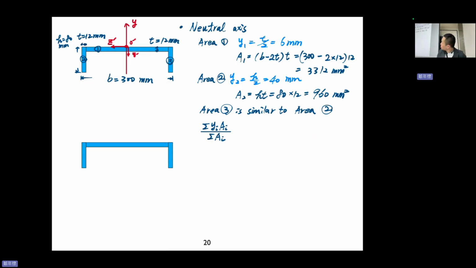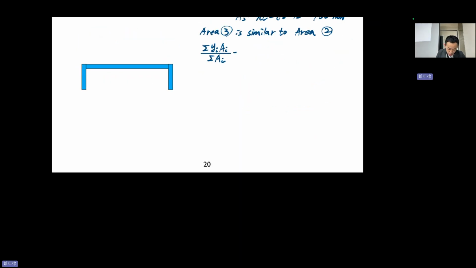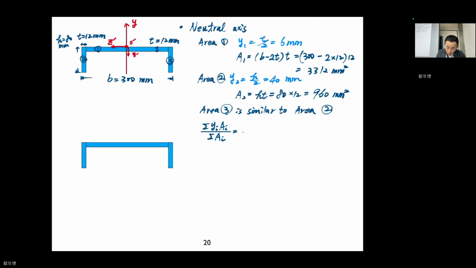So equal to 6 times 3312 plus 2 times 40 times 960, divided by 3312 plus 2 times 960, equal to, let me use green, 18.48 millimeter.